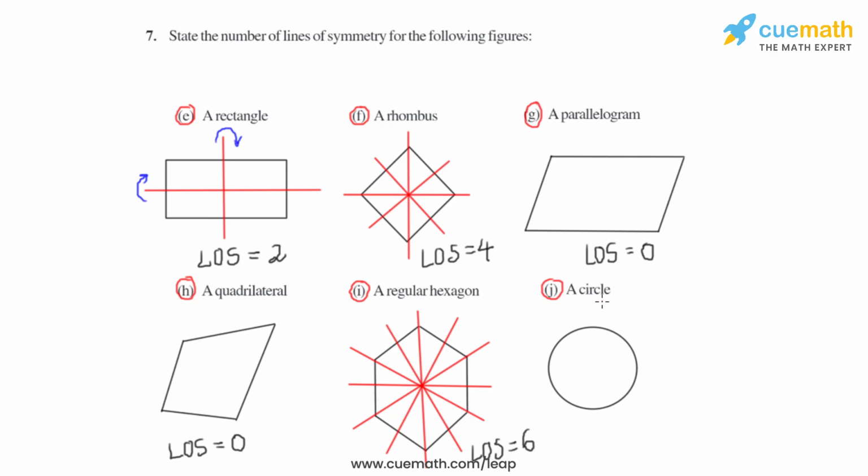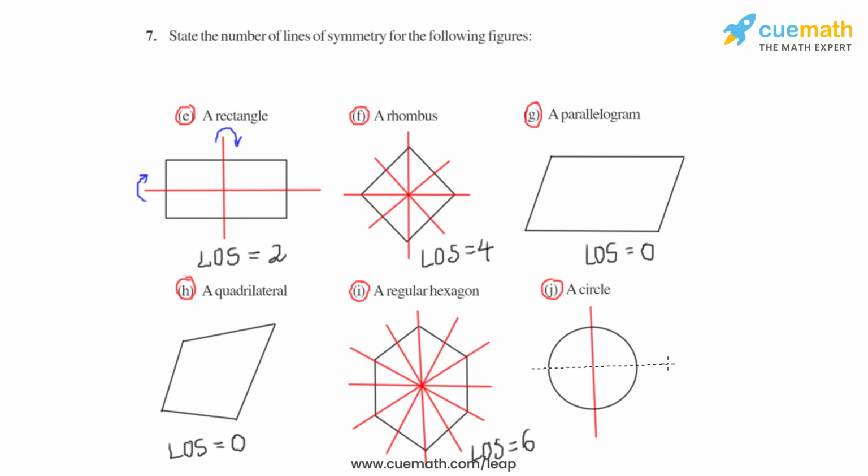Now a circle is a symmetrical figure, and let us see the number of lines of symmetry we can have in this circle. Let me divide the circle into 2 equal halves. This line will divide the circle into 2 equal halves.